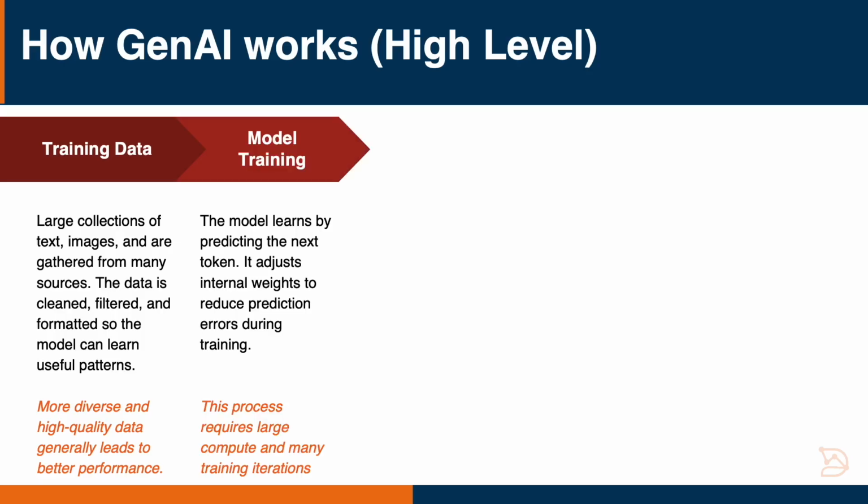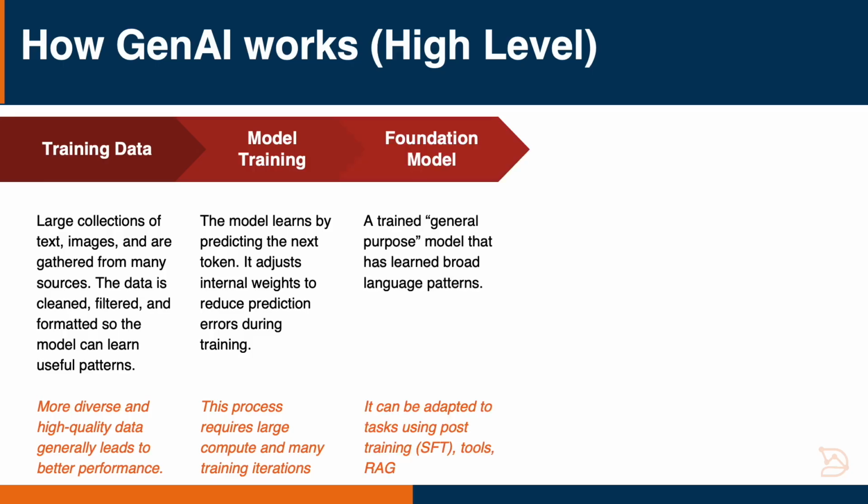Then you move on to model training, where you would require really high-end GPUs and what have you to train your model. Here you would require machine learning engineers, AI engineers, and MLOps to be able to build this for you. After this, you get what we call the foundation model.